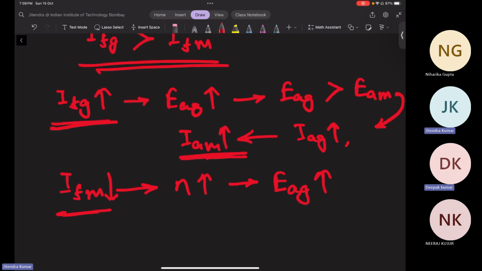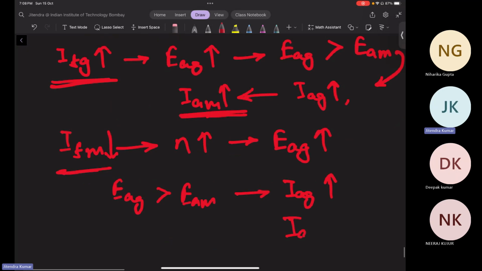Due to reducing the flux of the motor field winding, the speed increases, and the motor is directly coupled to the generator. Hence, the generator is also having that speed, so the induced EMF of the generator will be increased, and it will again be higher than the motor induced EMF, and hence IAG will also increase, and it will lead to an increment in IA.